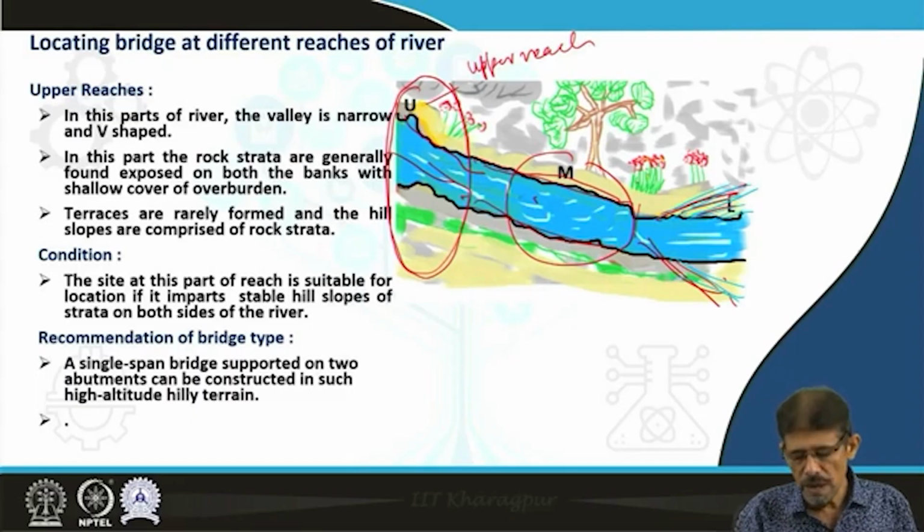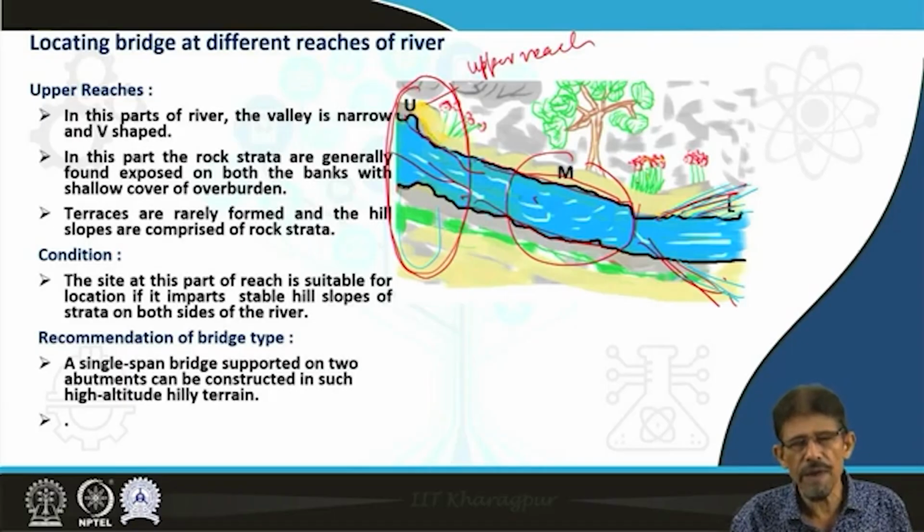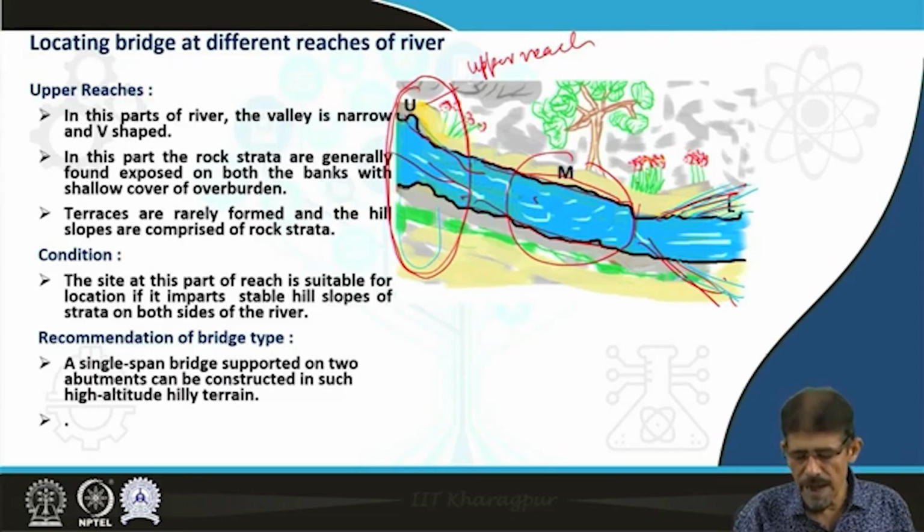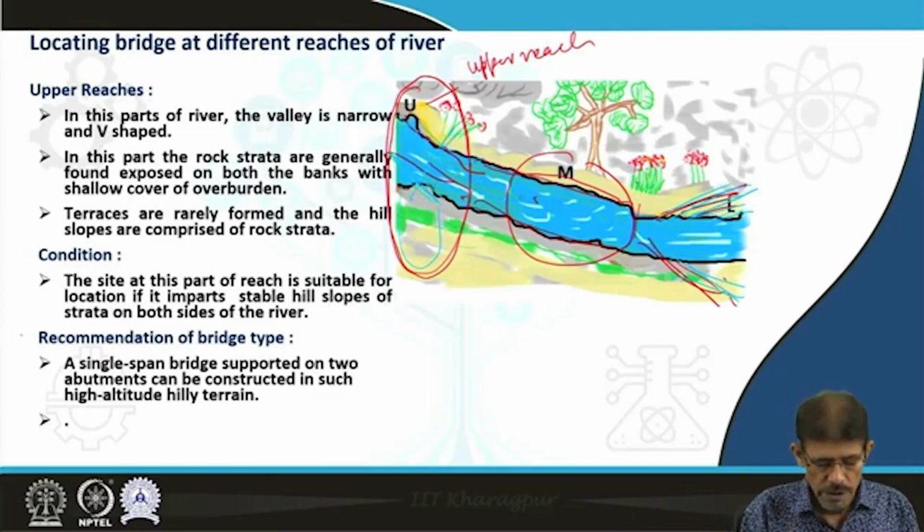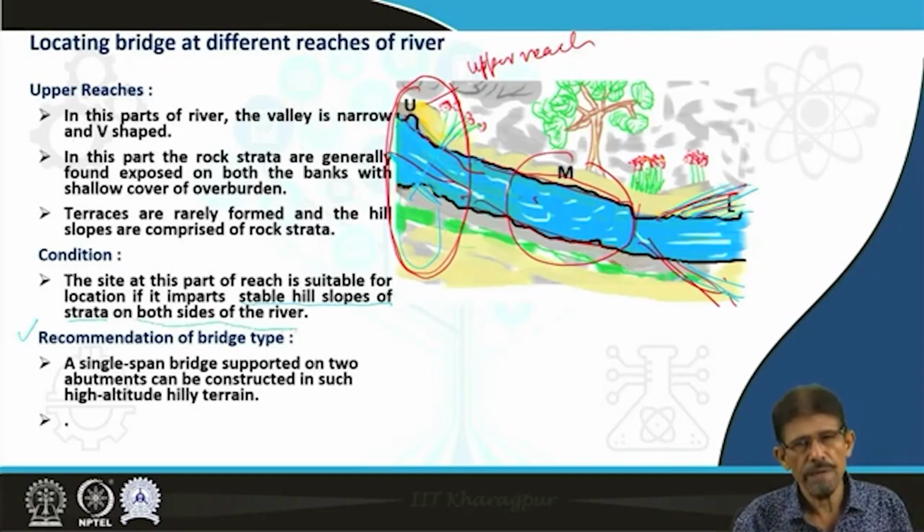It means the banks along this narrow strip of river are made up of rock strata which are able to sustain sufficient load, but as the valley is narrow, the condition of the strata suitable for bridge construction should be stable hill slopes of strata on both sides of the river, required for suitable and economical construction of a bridge.